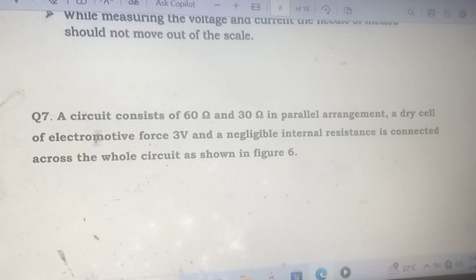Question 7. A circuit consists of a 60 ohm and a 30 ohm resistor in a parallel arrangement. A cell of electromotive force 3 volt and negligible internal resistance is connected across the whole circuit as shown in figure 6.